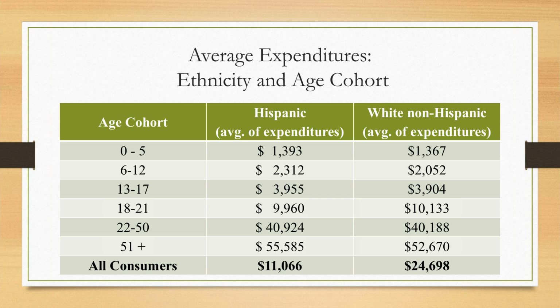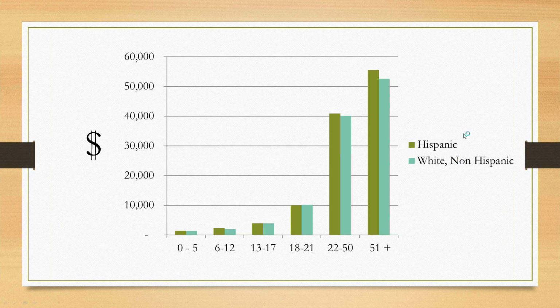But if one were to ask an individual who is Hispanic and claiming that discrimination existed, because Hispanics got 11,000 compared to 24, the follow-up question might be, what age group do you belong to? And therefore, going down to the age cohorts, one would see that, wow, there's not much difference at all based upon the age cohort. So again, we ask the students the question, how could this possibly come about?